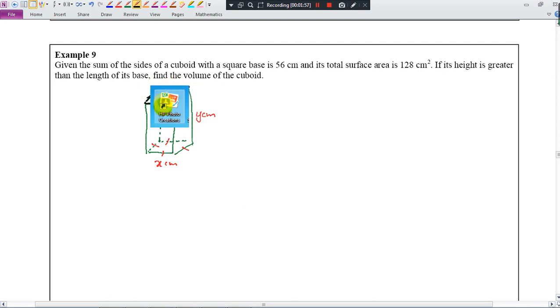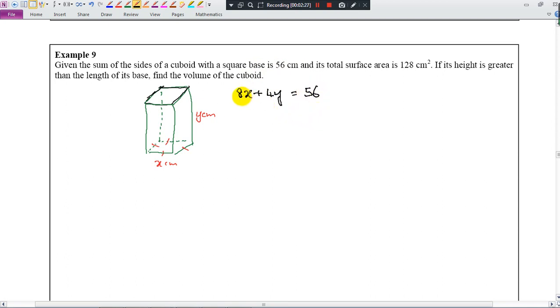Okay, now you have 4x here, the base, and another 4x. So total up, you actually have 8x plus how many y? 1, 2, 3, 4, 4y is equal to 56 centimeters.